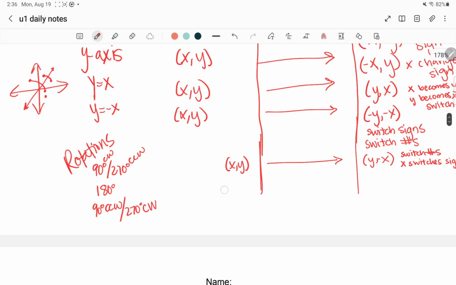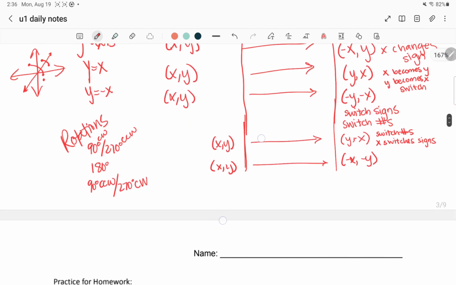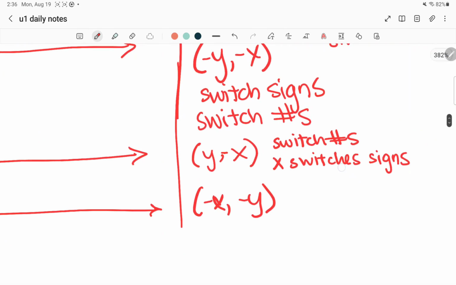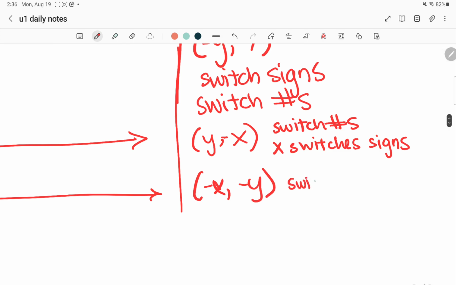Okay, 180 degrees becomes negative x, negative y, which means I'm just switching the sign.